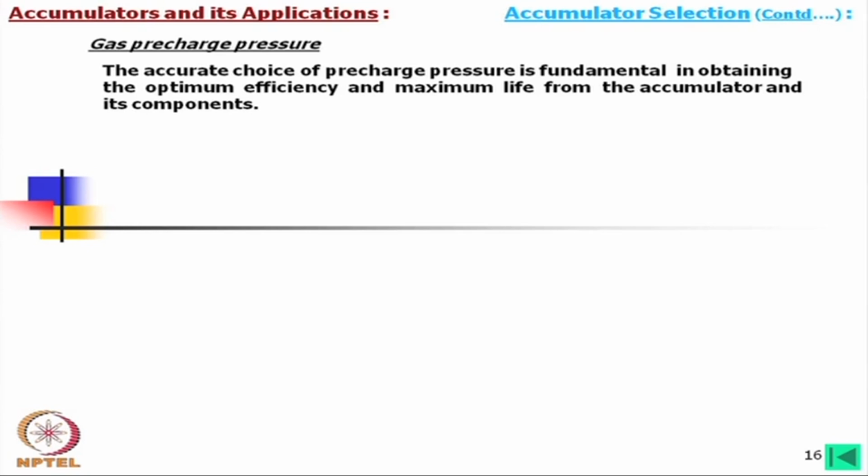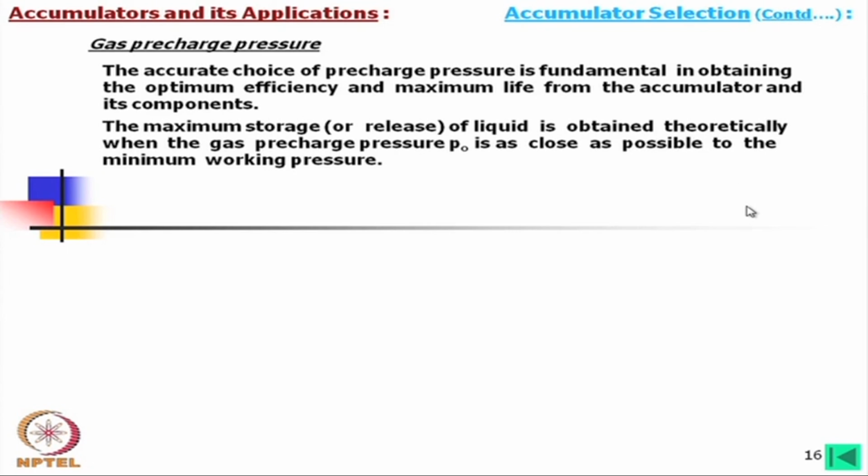So, we have to look into these pre-charge pressures, which actually control the accumulator performance as well as the life of the components. The maximum storage or release of liquid is obtained theoretically when the gas pre-charge pressure P0 is as close as possible to the minimum working pressure.